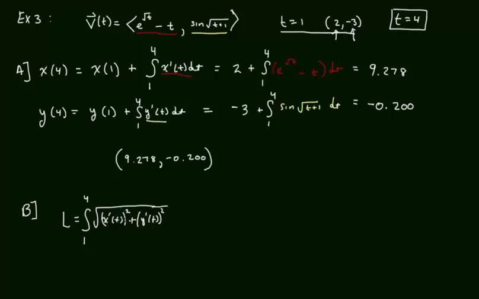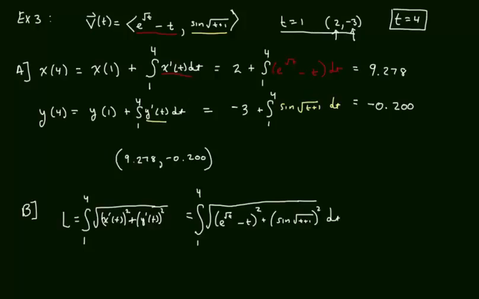And since these are already in your calculator, this should be a little easier. And this is going to come out to be, actually, you know what, let me just write this out in case you have any hesitation of what these values are. E to the radical t minus t quantity squared plus the sine of radical t plus 1 squared dt.